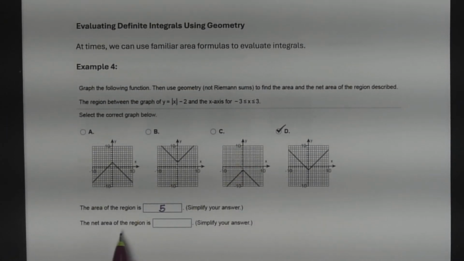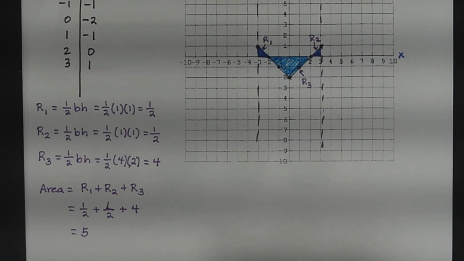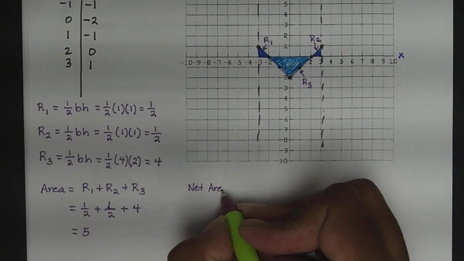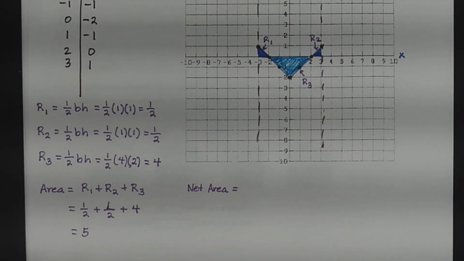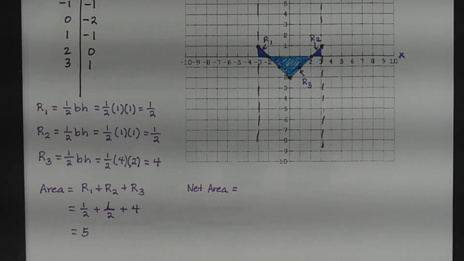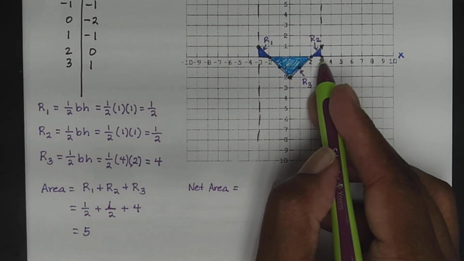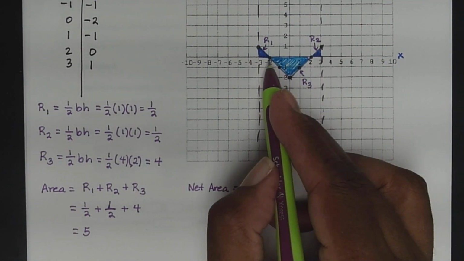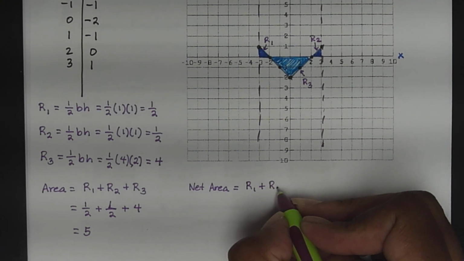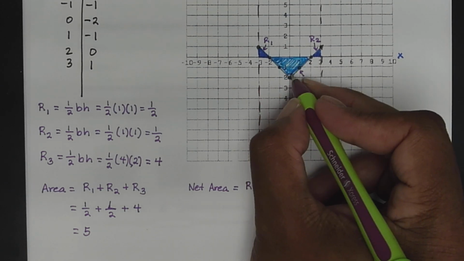Now they want the net area of the region. Here's how we find the net area of the region. That's going to be the sum of the area that's above the x-axis minus the sum of the area that's below the x-axis. Here I got two areas that are above the x-axis, R1 and R2. But R3, if you look at R3, it is below the x-axis.